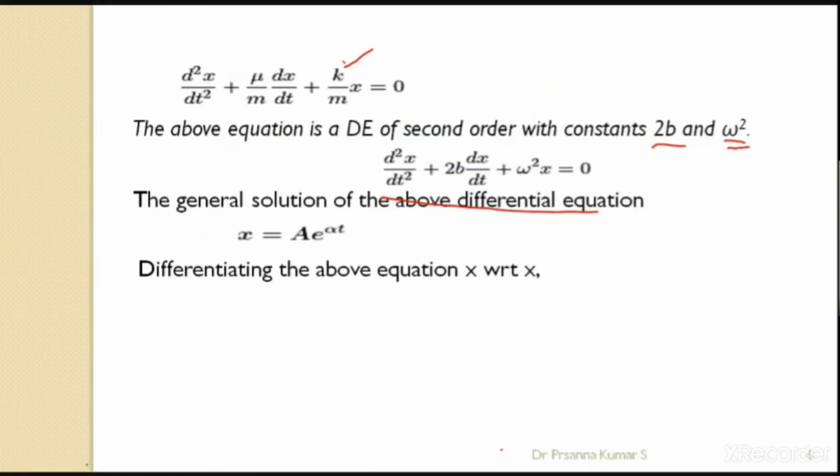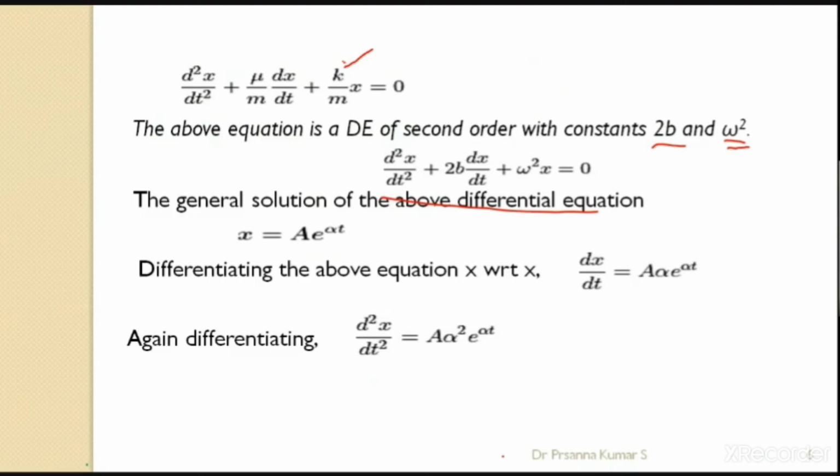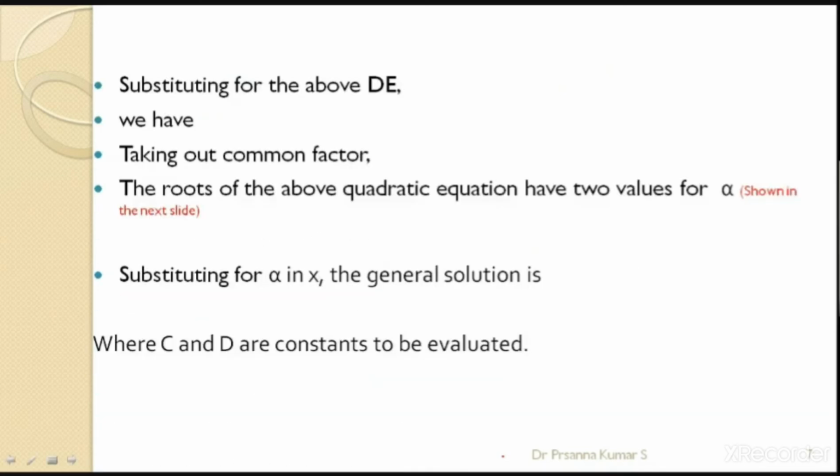See, I'll come to that. So we got the general solution. I already told that x is equal to a e to the alpha t. Differentiating this, dx by dt, and again differentiating, d square x by dt square is a alpha square e to the alpha t. Substituting into the differential equation, we got this expression.